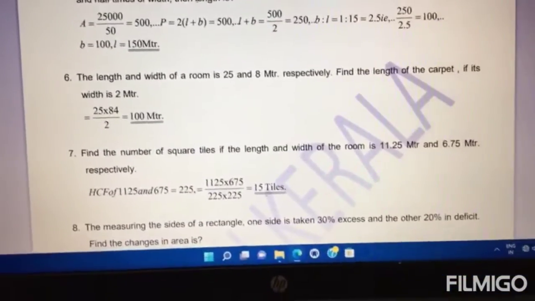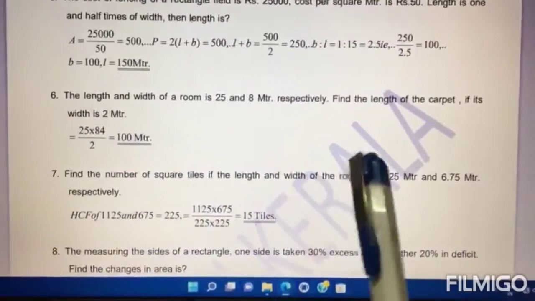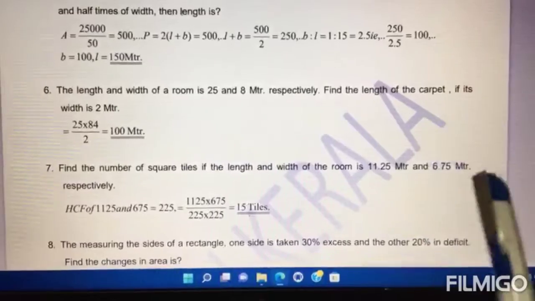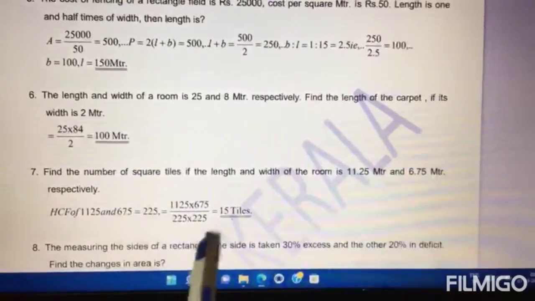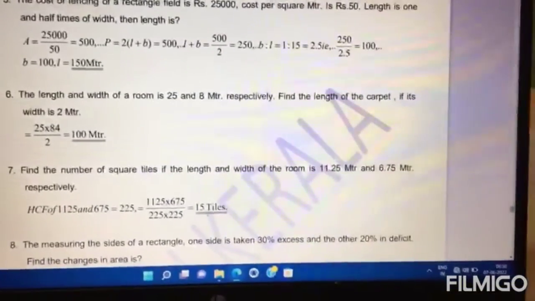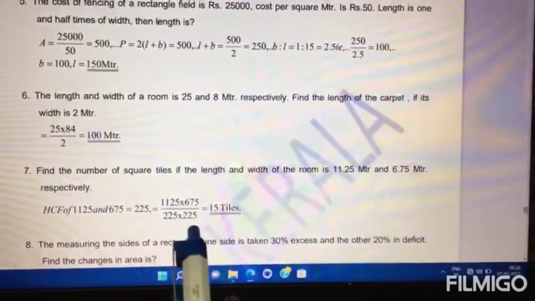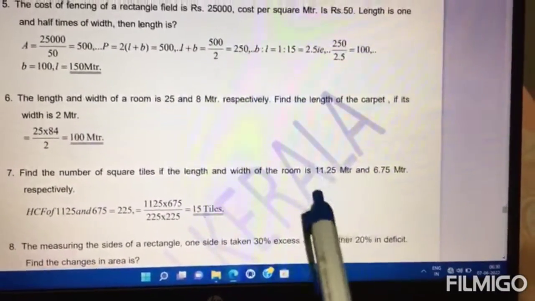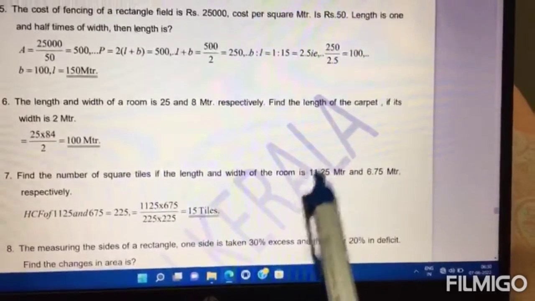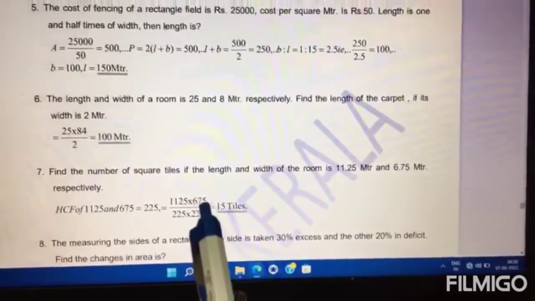Let's do number 7. Find the number of square tiles if the length and width of a room are 11.25 meters and 6.75 meters respectively. So here first you have to find the area. Convert it into centimeters just for ease. We know that 1 meter is equal to 100 centimeters. So 11.25 meters is equal to 1,125 centimeters, into 675 centimeters.